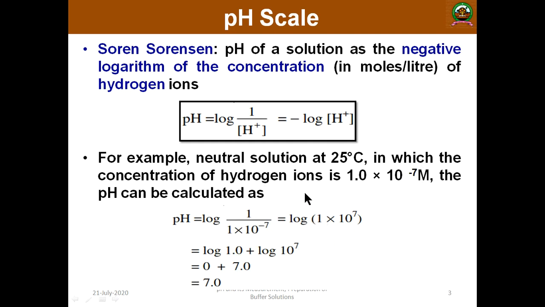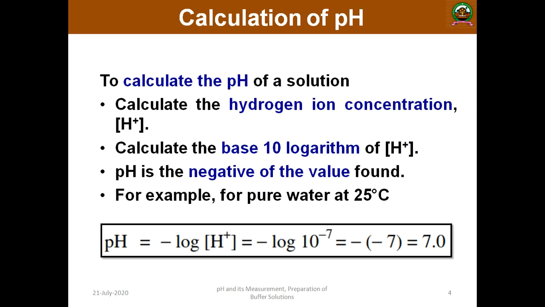You know that log A into B is log A plus log B. So log 1 plus log 10 raised to 7. Log 1 is 0, log 10 raised to 7 is 7. So 0 plus 7 is 7. That means the pH of a neutral solution of water is 7.